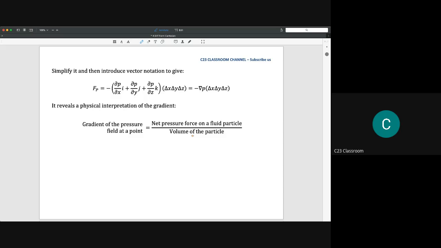In two dimensions, pressure is also the force divided by the area. But for three dimensions, because we have the z axis here, it becomes force divided by the volume.